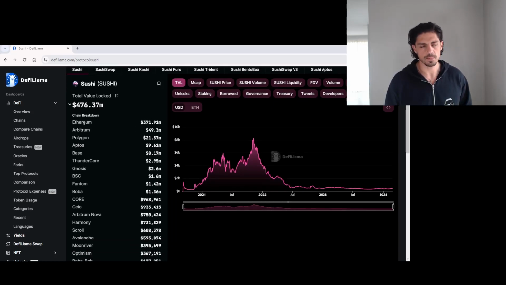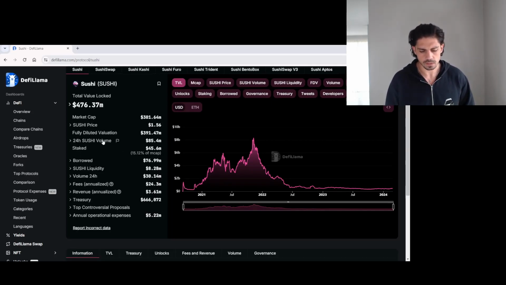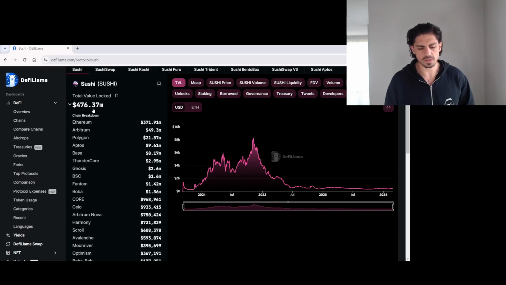This is because Sushi Swap, if you don't already know, is a multi-chain decentralized exchange, which means you can trade assets on the Ethereum blockchain. But if you have assets that are on Aptos, I don't know who does, or Polygon, you can trade assets there, right?